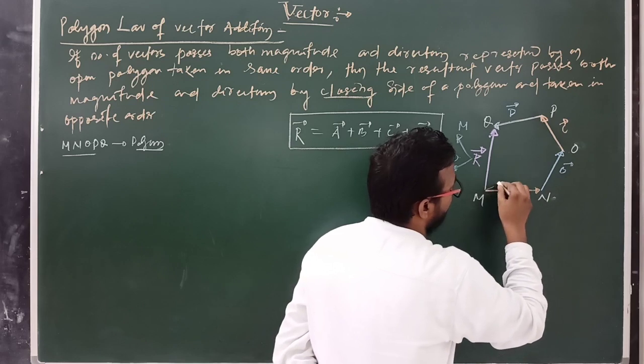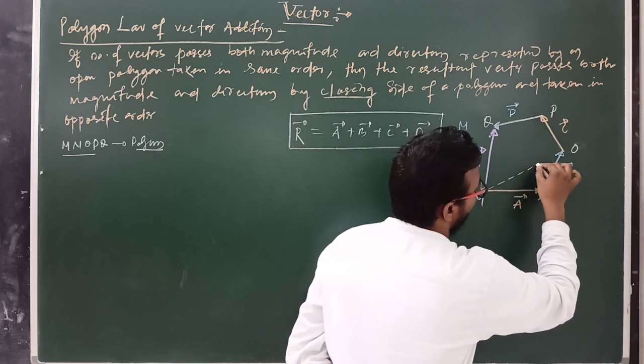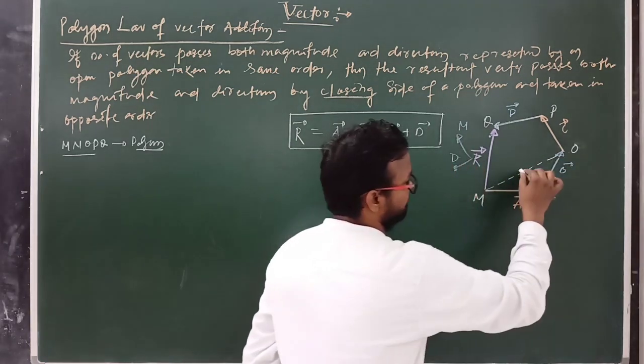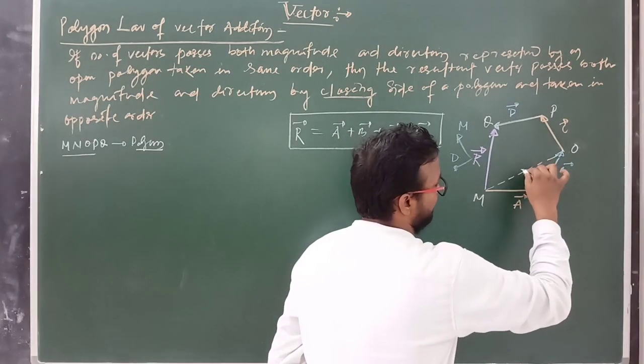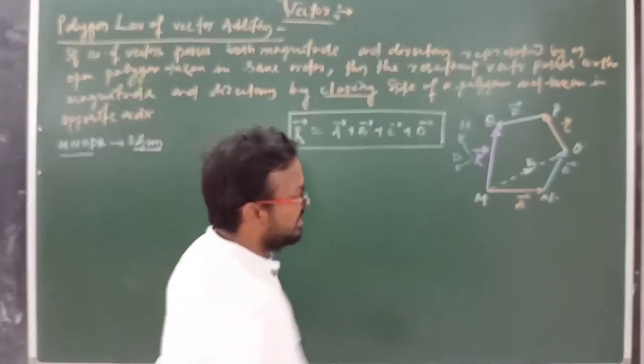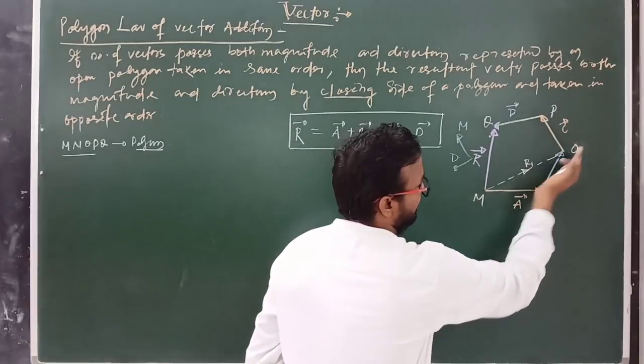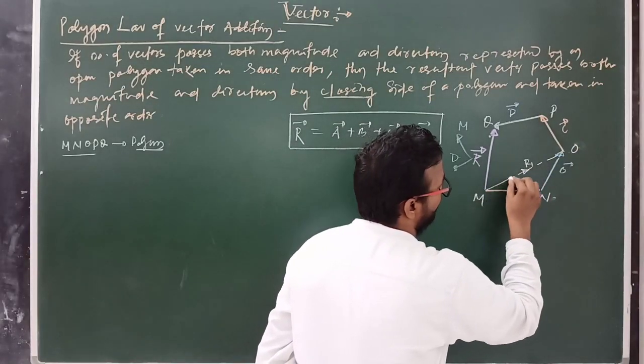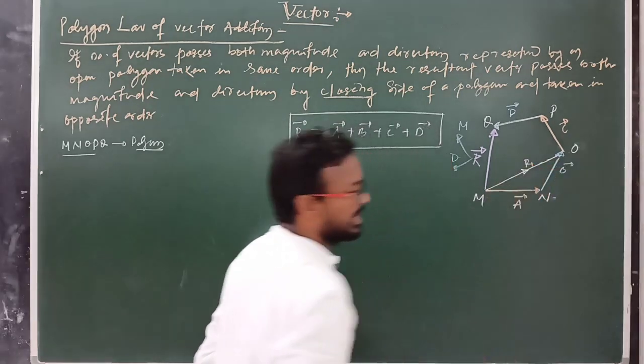We already discussed this third side, and this resultant vector we can write as, suppose, R1. What is the triangle law? If two vectors represent the same order, then the resultant vector will be in opposite order, and this is known as R1.